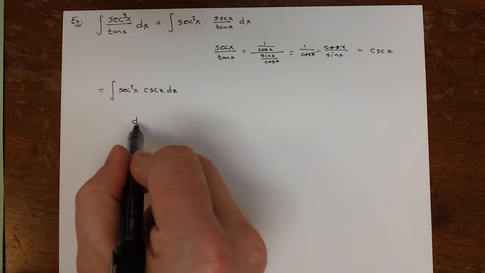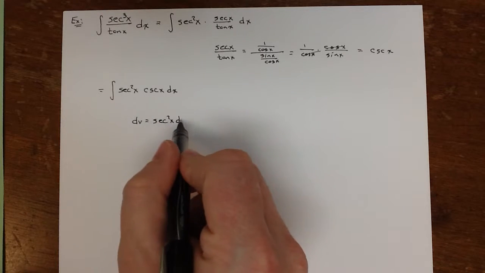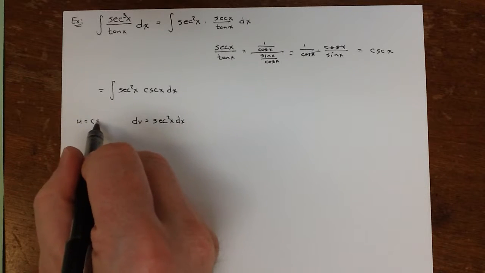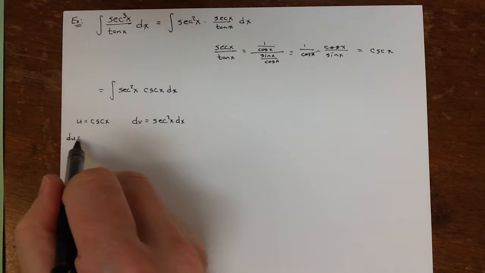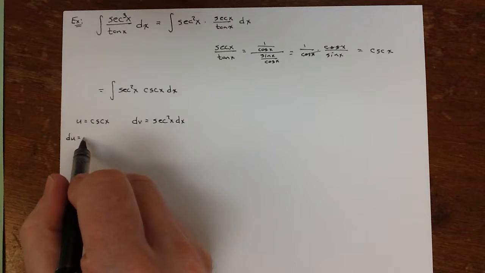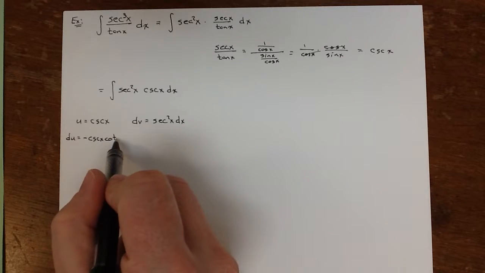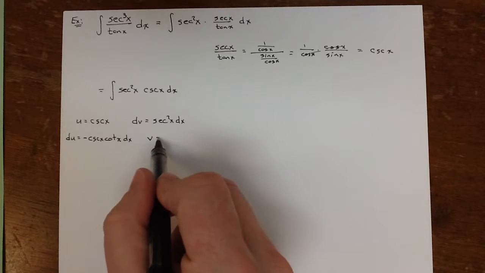So if I let my dv be secant squared x dx, and I let u be cosecant x, then the derivative of cosecant is minus cosecant x cotan x dx, and from this v is just tan x.